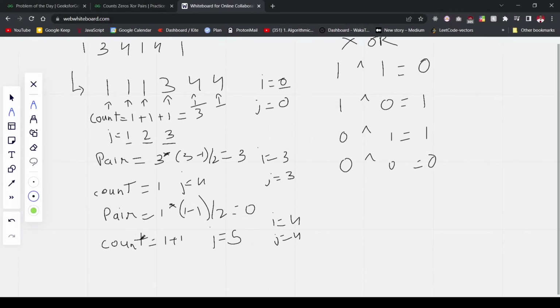And since we have reached the end of the loop, I'll simply count the pairs, and the pair would be 2 times 2 minus 1 by 2, which is nothing but 1. So my total result would be 3 plus 0 plus 1, which is nothing but 4. So there are 4 such pairs whose XOR value results in 0.